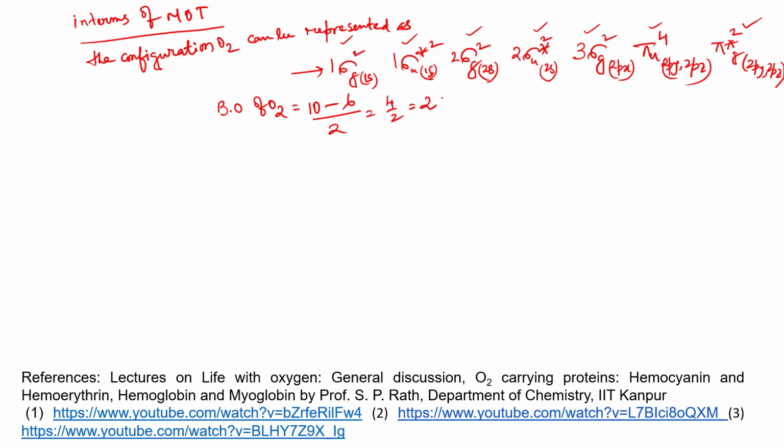So the bond order of oxygen is 2. Now easily we can find out the bond order of O2 minus and O2 2 minus systems. The configuration of O2 minus is very similar to that of the oxygen molecule, only with one electron more in the pi star g orbital.